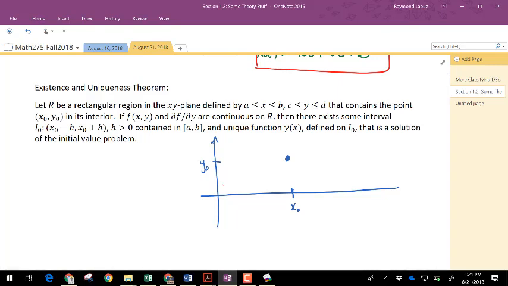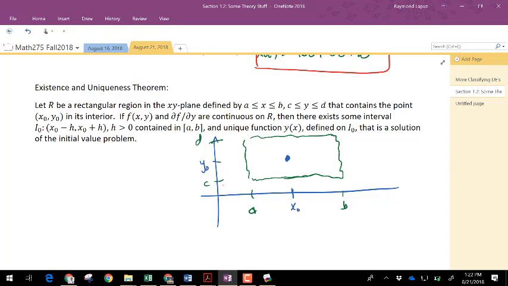So basically, if you have a differential equation, you want your solution to pass through this point x naught, y naught. And so what they do is they create a region around that point so that they can say that they're looking for a solution within that region.